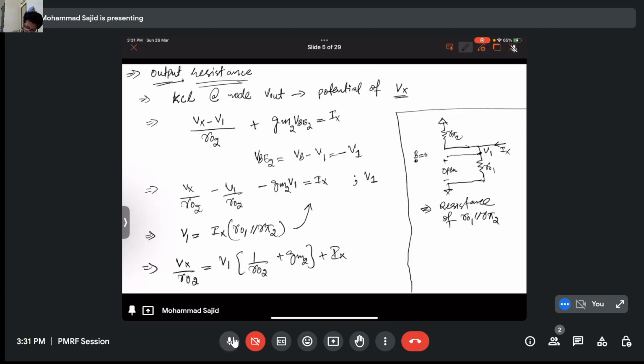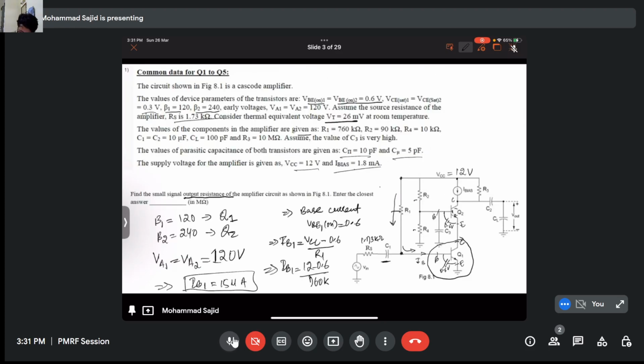Now, there is an easy way also to see the value of current. See here, the transistors are biased using a current source. So, current source is given to us as 1.8 milliampere. So that means this collector has a 1.8 milliampere current.